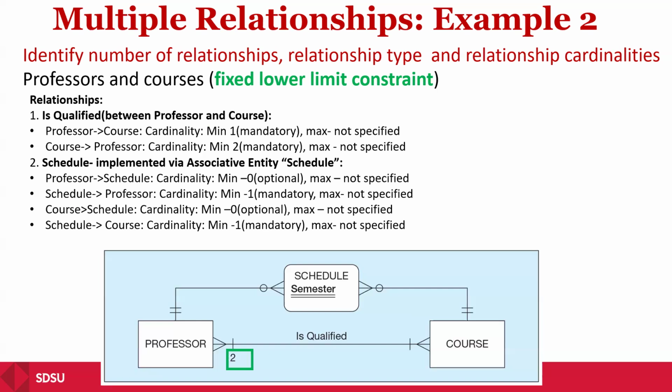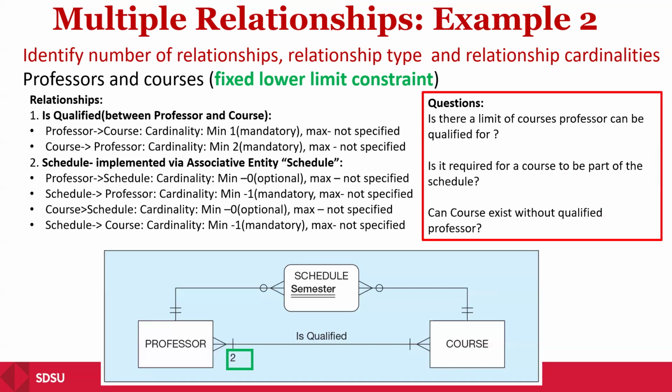But in order for a schedule to exist, it must have both a professor and a course, and only one professor and one course per schedule. So the minimum cardinality on both sides is one, and the max cardinality is also one. So a schedule is only for one occurrence of professor and a course.